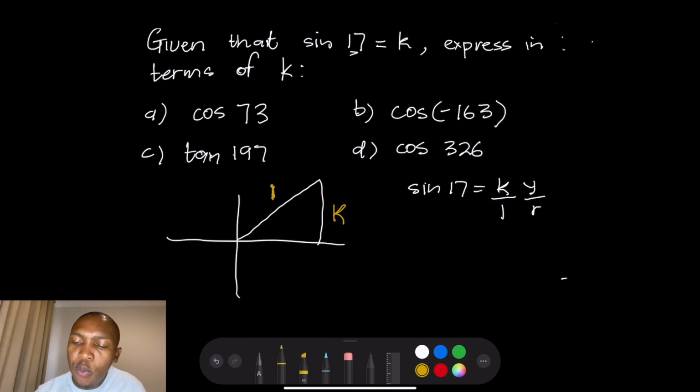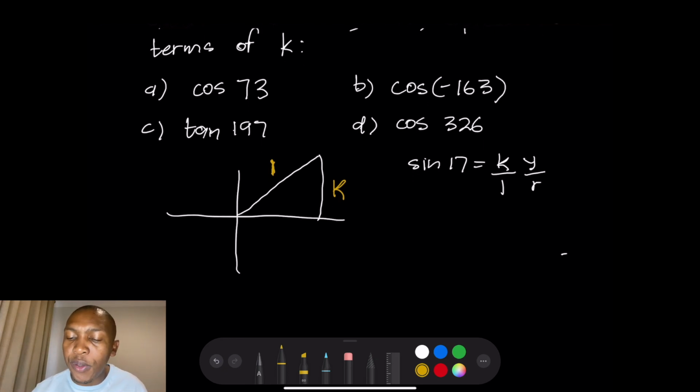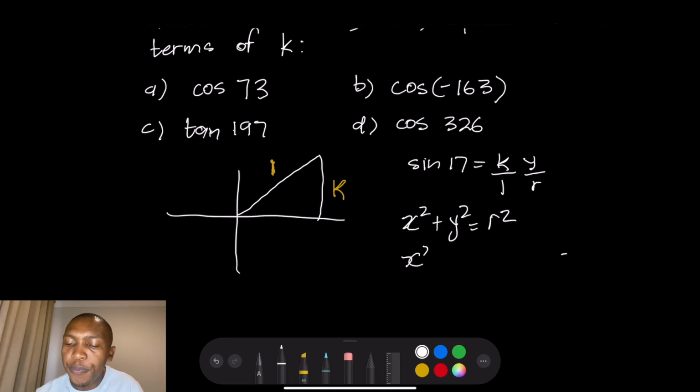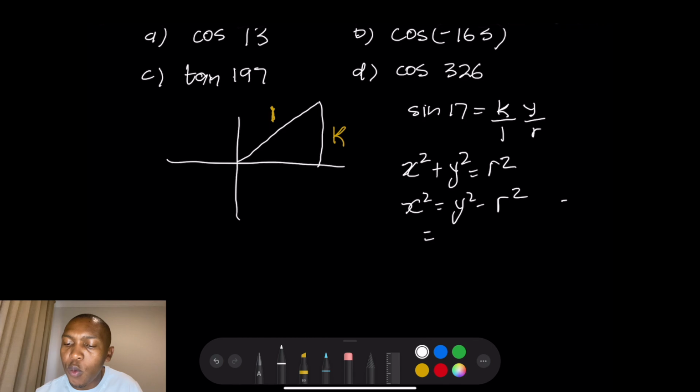Okay, so then we need to get the x value, and in this case we use Pythagoras, so that's x squared plus y squared is equal to r squared. So we're looking for the x value, so x squared is equal to r squared minus y squared, and in this case r is simply going to be 1. Even though we know 1 squared is 1, minus our y value, which is k, so that's going to be k squared, okay?